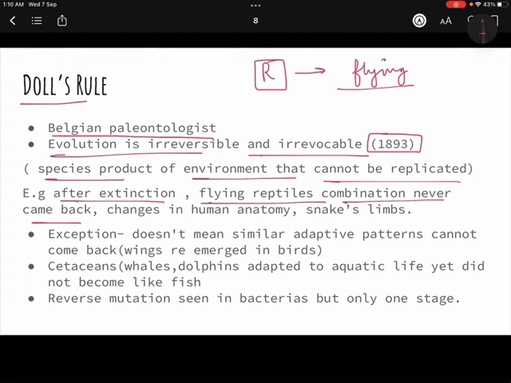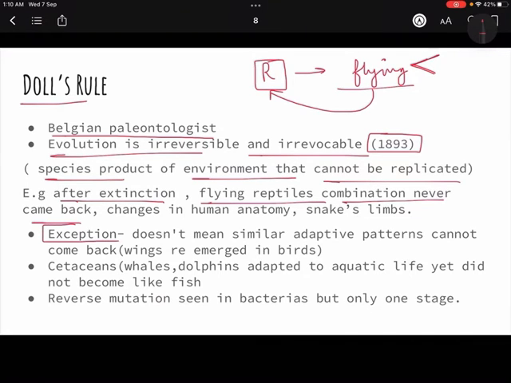It didn't work out for reptiles, but it doesn't mean that somebody else cannot fly, right? As we see today, birds fly and other species fly, right? Bats fly, they're a mammal, they fly. So it can come back, but it will not go back to reptiles again. The flying combination with reptile will not come back.